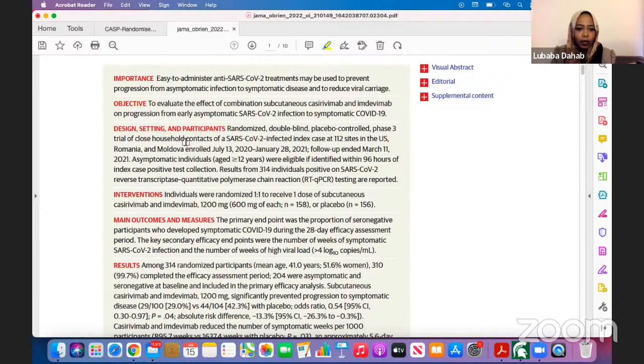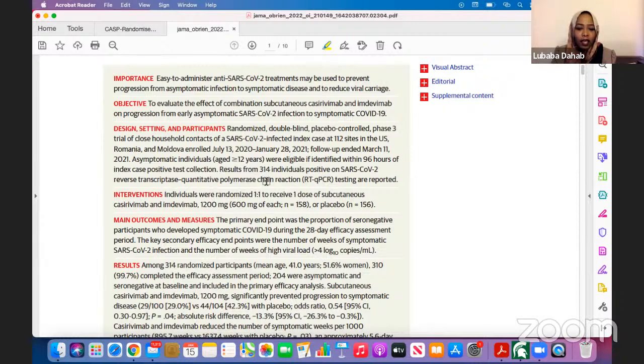The design, setting, and participants: a randomized, double-blind, placebo-controlled phase 3 trial of close household contacts of SARS-CoV-2 infected individuals at 112 sites in the US, Romania, and Moldova, enrolled from July 13th of 2020 to January 20th of 2021, ended in March. Asymptomatic individuals age 12 and above were eligible if identified within 96 hours of the index case's positive test collection.